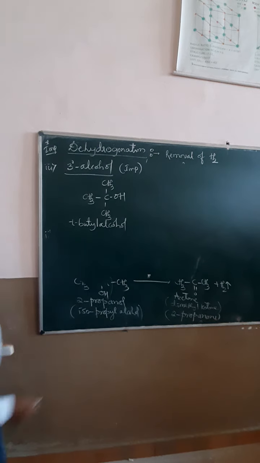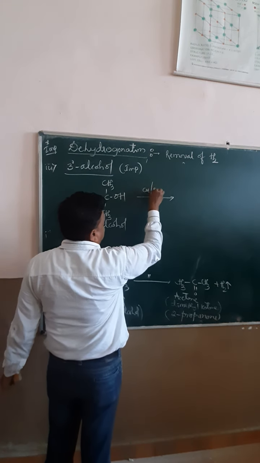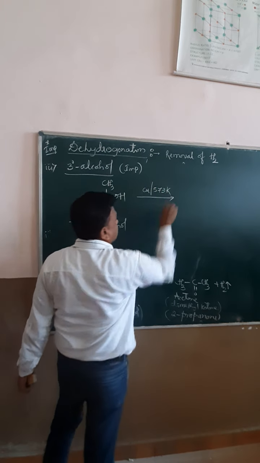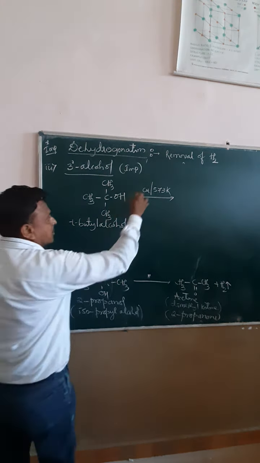Tertiary butyl alcohol is heated with copper at 573 Kelvin, the same copper at 573 Kelvin. But keep in your mind, friends, this reaction does not undergo dehydrogenation.